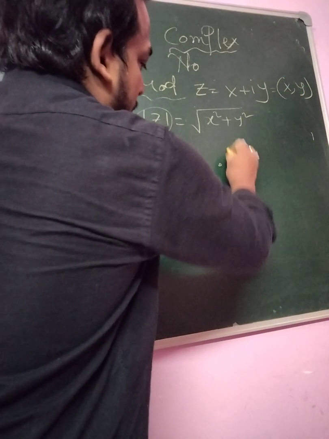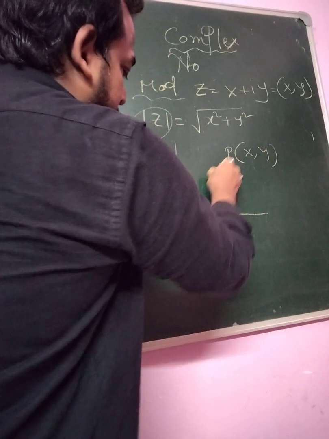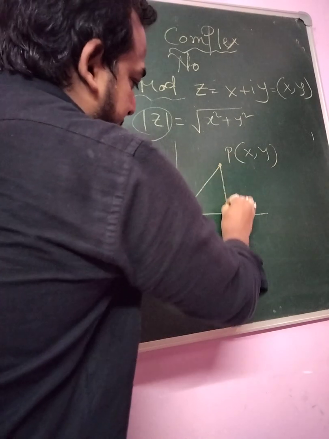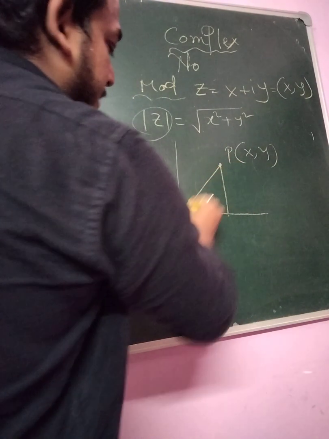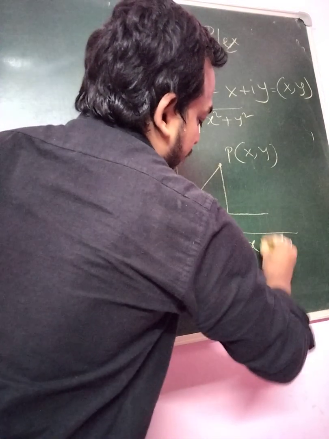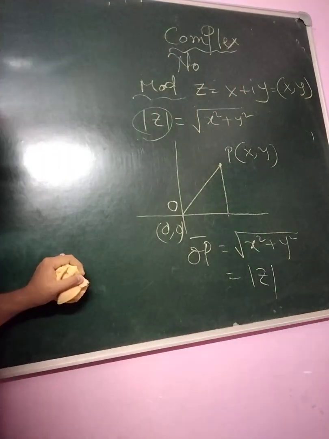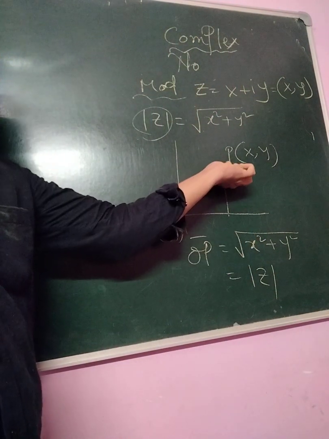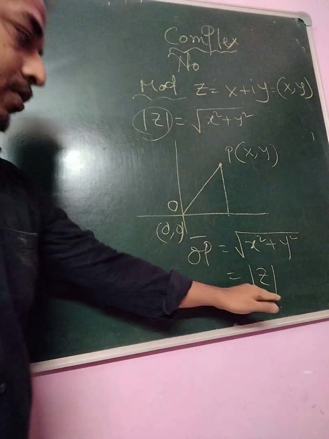Suppose this is the point P, which is x comma y, and this is the origin O. Now what is the distance between these two points, OP? OP is basically the root of x square plus y square, that is equal to the modulus of z. So basically the modulus of z means the distance of the point P from the origin.